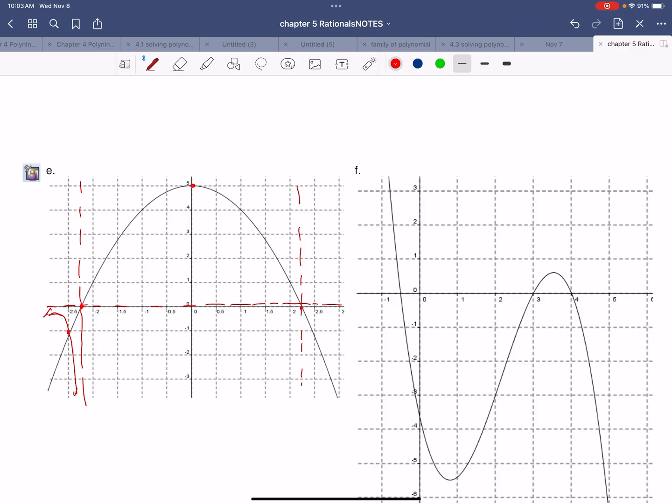Your vertex here is 0, 5, so it's going to be 0, 1/5. It's increasing, then decreasing, so it's going to be the opposite. Make sure that you locate those points. And then the last part is if the function is decreasing, then the reciprocal is increasing. And that's your function.